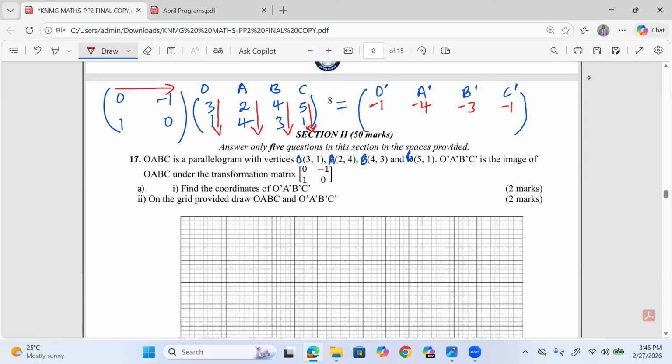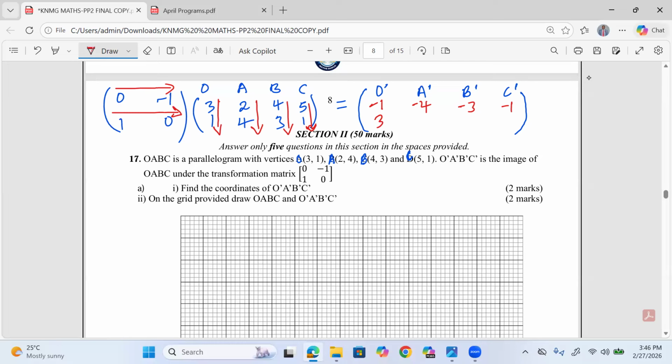Then now we check the Y row. So this is the row times the respective columns. So we'll be starting with 1 by 3 and 0 by 1 for coordinates of O. So 1 by 3, we get 3, and 0 by 1, you add, you remain with 3.